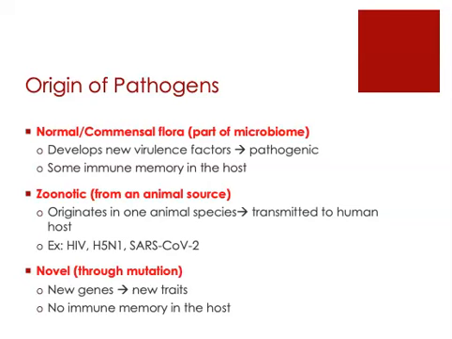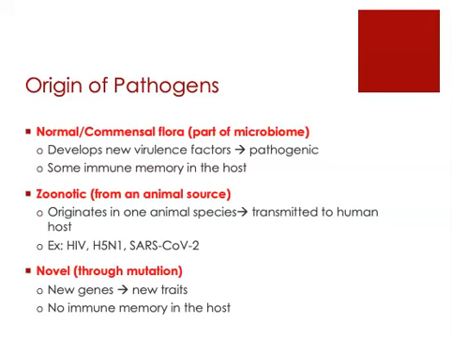Now, the SARS-CoV-2 virus is also a novel pathogen. It arose from another coronavirus that lived inside of a particular bat species. It went through mutation events that changed it enough so that it could invade humans and develop disease in humans.